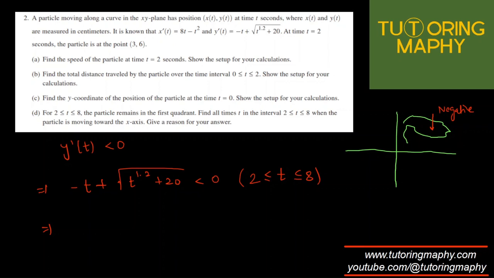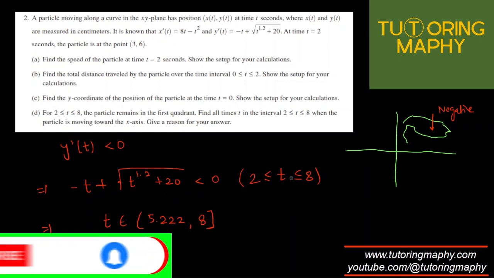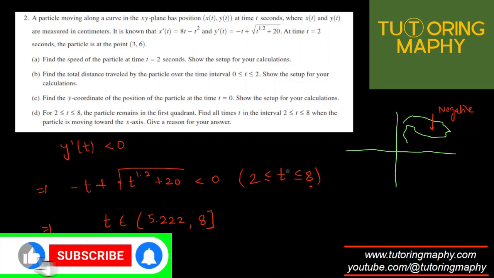So if I do that, I'm going to get the value of t as 5.222, and this onwards till 8. 8 can be included because 8 is also included here, and at 8 the y prime is negative.